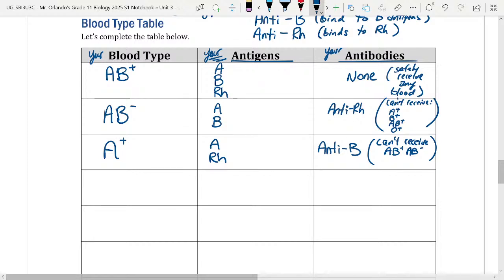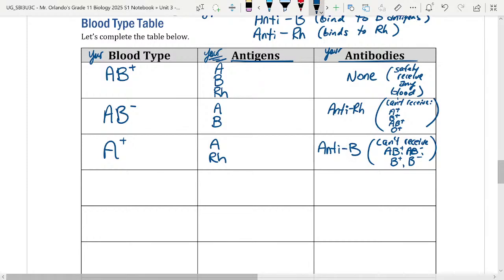What else? B. And you wouldn't be able to receive B positive, but you also wouldn't be able to receive B negative. Does that make sense? In other words, it doesn't matter if it's positive or negative, it doesn't matter if it has A or not, but what's going to be deadly to somebody with A positive blood?